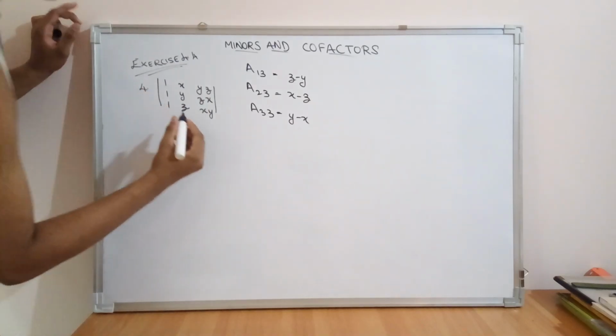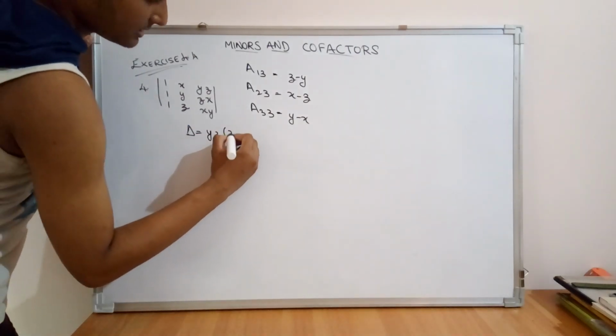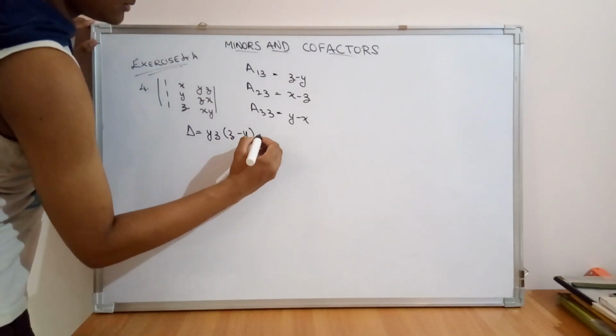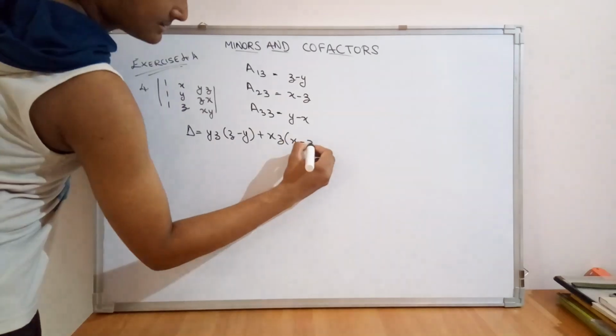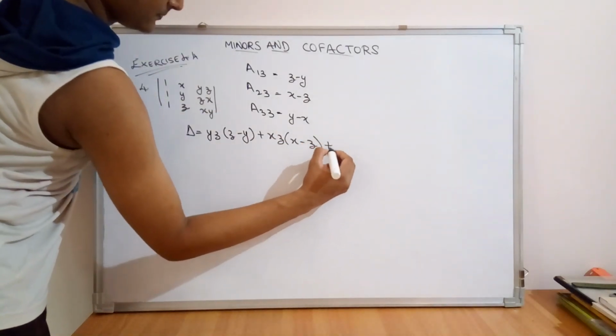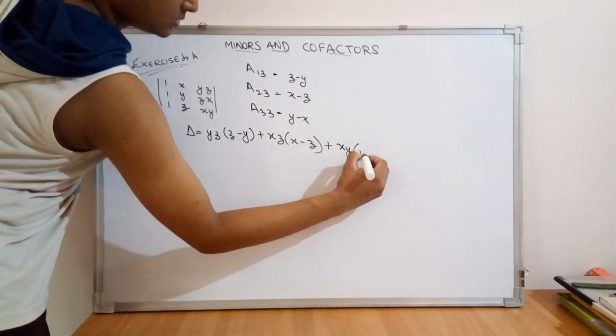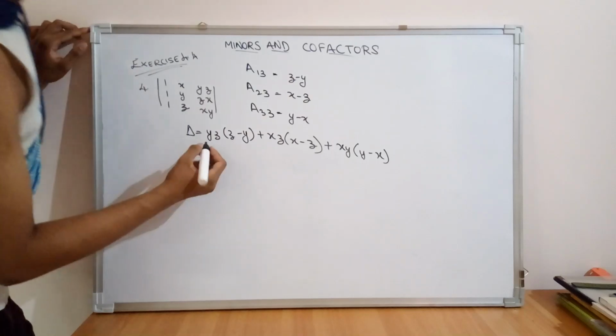So the value of this determinant is going to be yz into z minus y, then plus xz into x minus z, then you have xy into y minus x. Okay, that's all we got here.